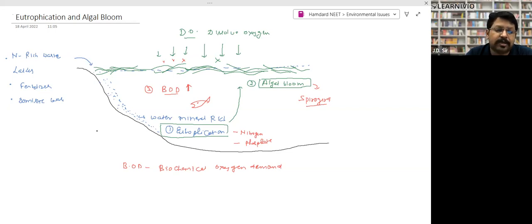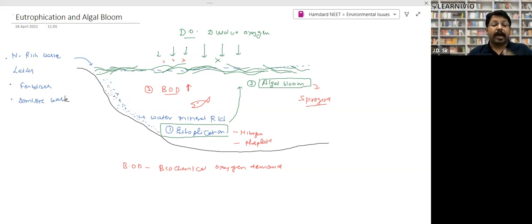The nitrogen rich substances from the agriculture field reach the lake, they reach the river, right? So these are the sources: nitrogen rich waste, fertilizer, domestic waste. They all reach the lake and start getting accumulated in the lake, right?